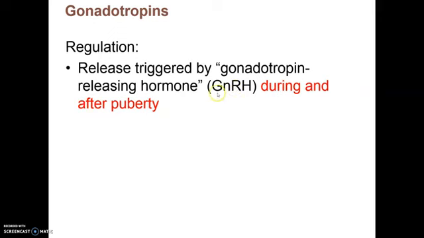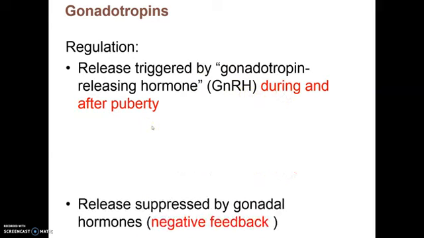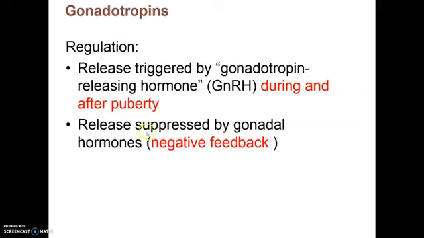So the hypothalamus releases gonadotropin releasing hormone in the anterior pituitary during and after puberty. Release is suppressed by gonadal hormones. If the level of testosterone, estrogen or progesterone goes up, it will inhibit gonadotropin releasing hormone.